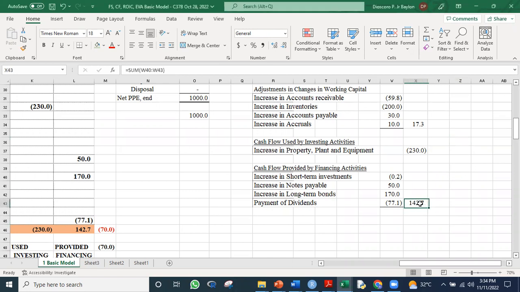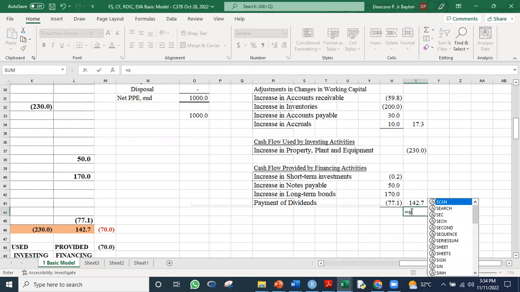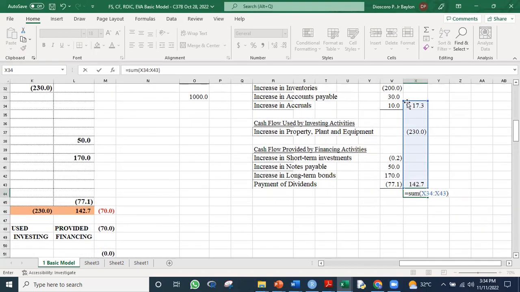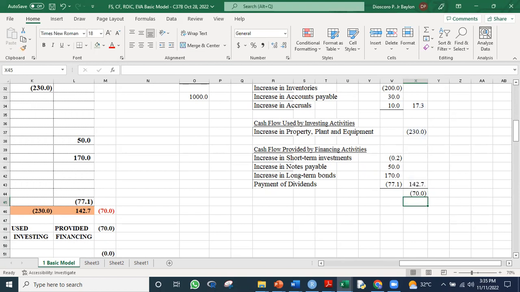Okay, so we can now add this, class. I place a border here, and then we just sum this up. Sum of all of this, the three components of our activities. Operating, this is operating activity, this is investing, and this is financing. And we get negative 70.